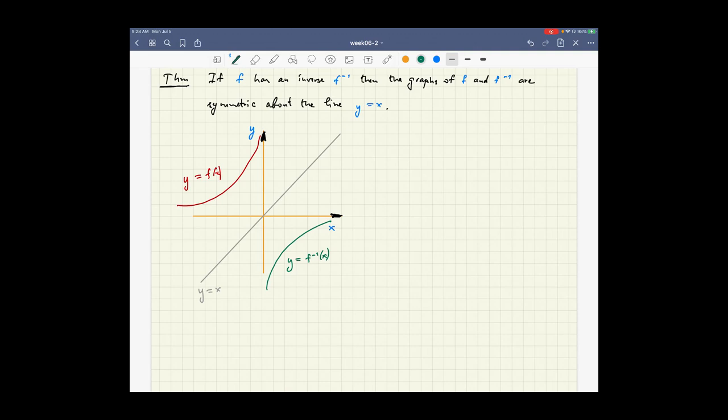So the argument is the following. Suppose a comma b is a point on the graph of f.